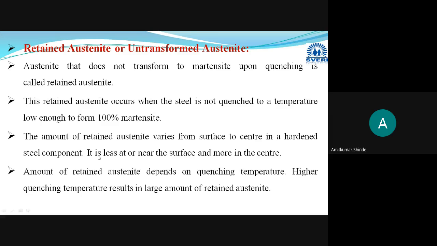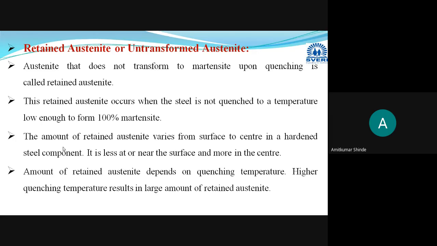Now, the amount of retained austenite also depends on the quenching temperature. Here quenching temperature refers to the higher temperature from which we are taking the component out of the furnace, that may be 900 degrees Celsius or 850 degrees Celsius, like that. Due to this higher quenching temperature, the temperature differences will be large.